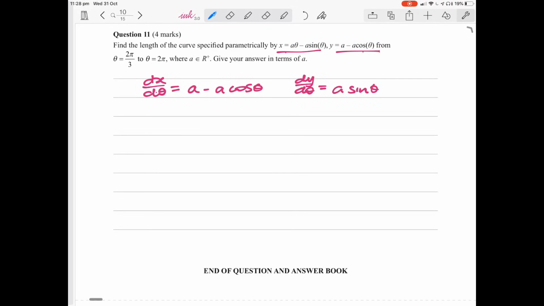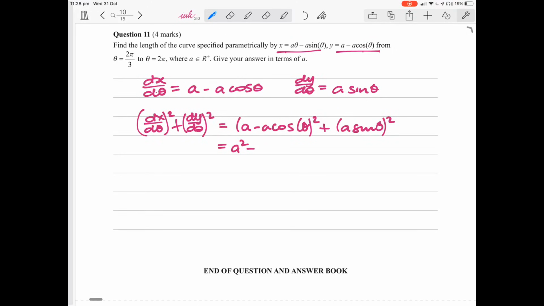Okay, so if we square it, dx d theta squared plus dy d theta squared is going to be a minus a cos theta squared plus a sine theta squared, which is a squared minus 2a squared cos theta plus a squared cos squared theta plus a squared sine squared theta.